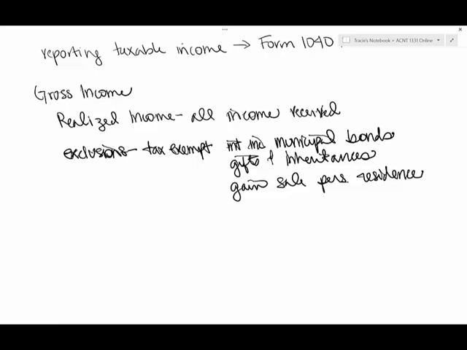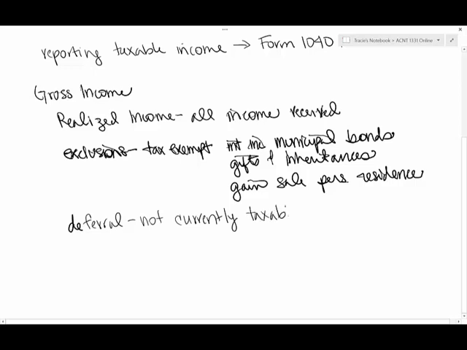Now, some income may be considered to be a deferral. When income is considered to be a deferral, then that simply means that the income is not currently taxable, but that it's taxable later.